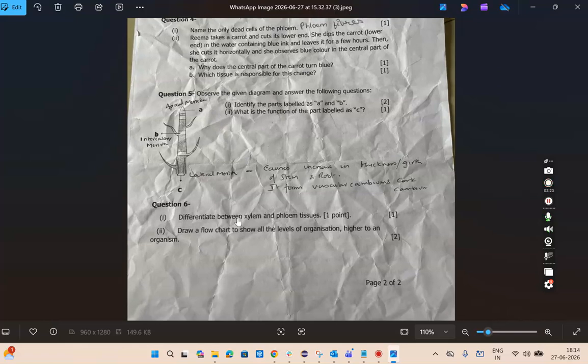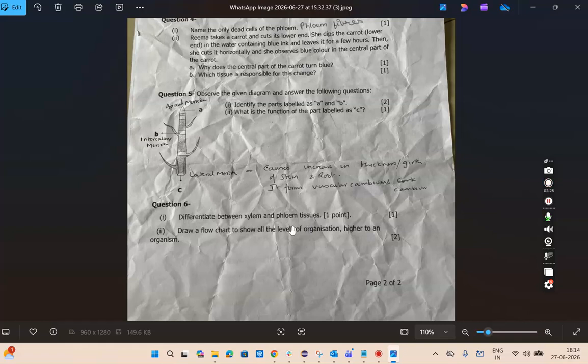So you have to remember all this with the lateral meristem. Whereas intercalary meristem is present below the base of the nodes and it helps in elongation of the plant. And apical meristem is found on the tips of roots, stems, branches and the leaves. It helps in growing the length of the part of the plant where it is present. So these three you have to remember.